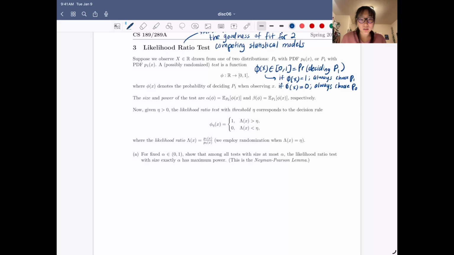Depending on what phi of x is, you would either choose P1, which is positive, they do have an illness, or if phi of x is 0, you might always choose P0, which means you think they don't have an illness. Or if phi of x is between 0 and 1, then we randomly choose the distribution.